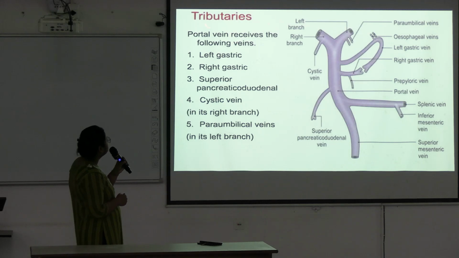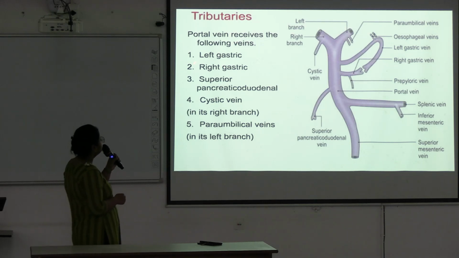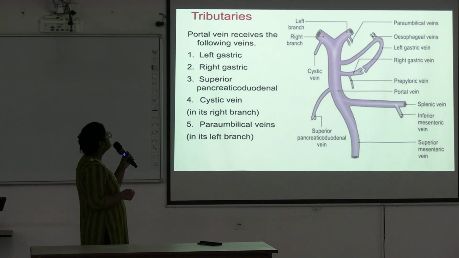Next we go to the tributaries. The portal vein receives the following veins: left gastric vein, right gastric vein, superior pancreaticoduodenal vein. Here you can see this one is the left gastric vein, here is the right gastric vein, this is the superior pancreaticoduodenal vein, here is the cystic vein, draining into the right branch, and paraumbilical veins are draining into the left branch.